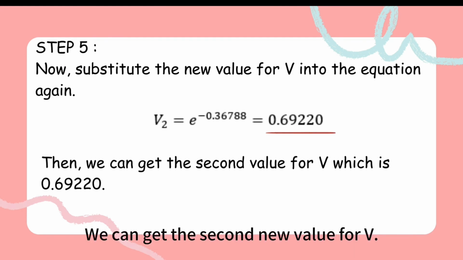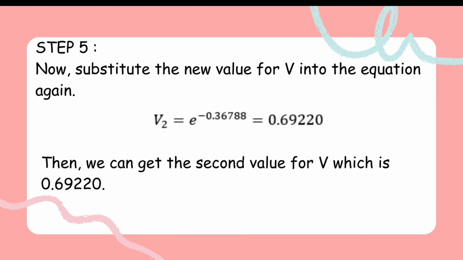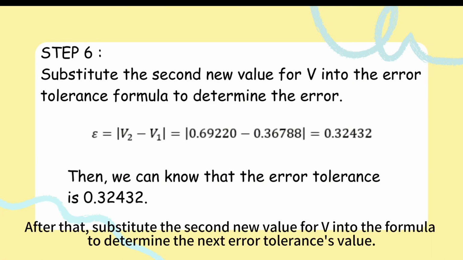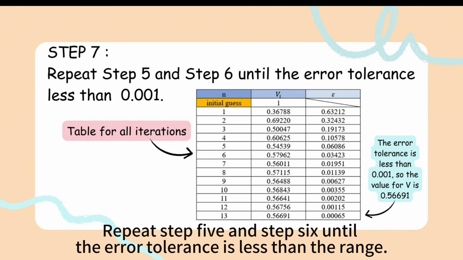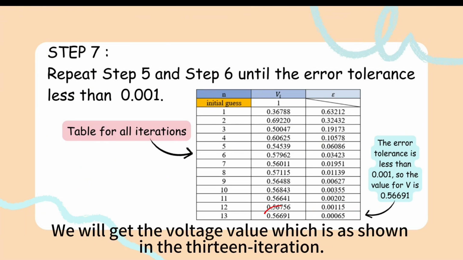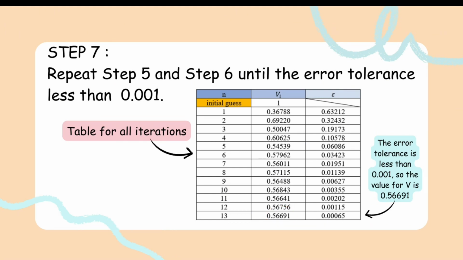We can get the second new value for V. After that, substitute the second new value for V into the formula to determine the next error tolerance's value. Repeat step 5 and step 6 until the error tolerance is less than the range. We will get the voltage value as shown in the 13th iteration.